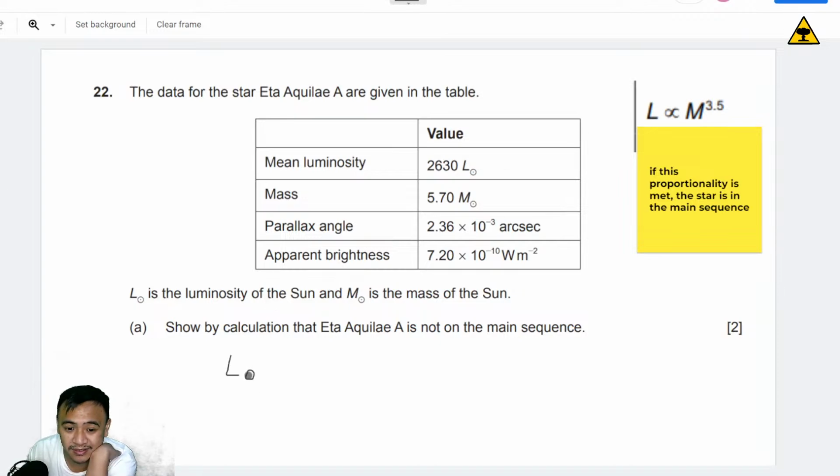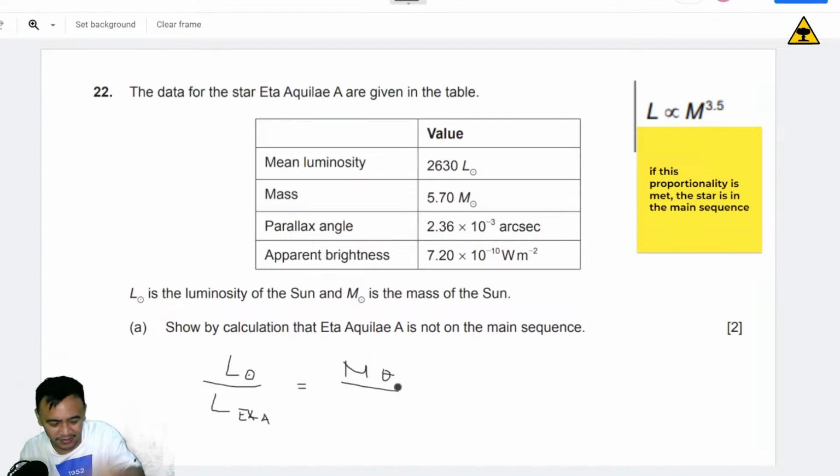L over L of eta Aquilae A, I'm just going to say EAA, should be equal to the mass of the sun divided by the mass of eta Aquilae A, to the power 3.5.